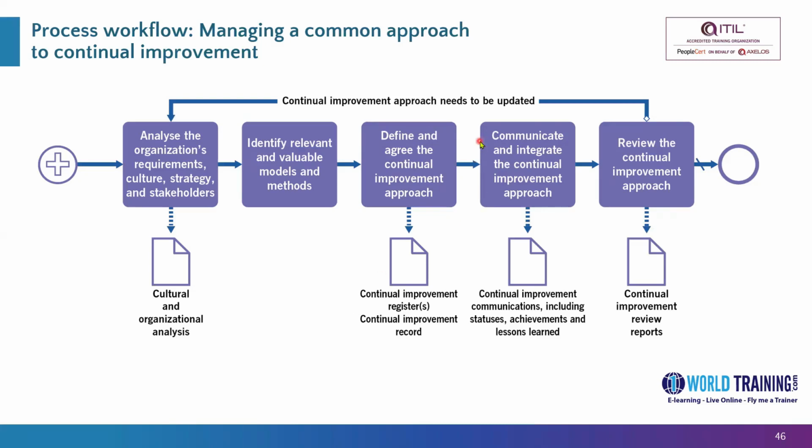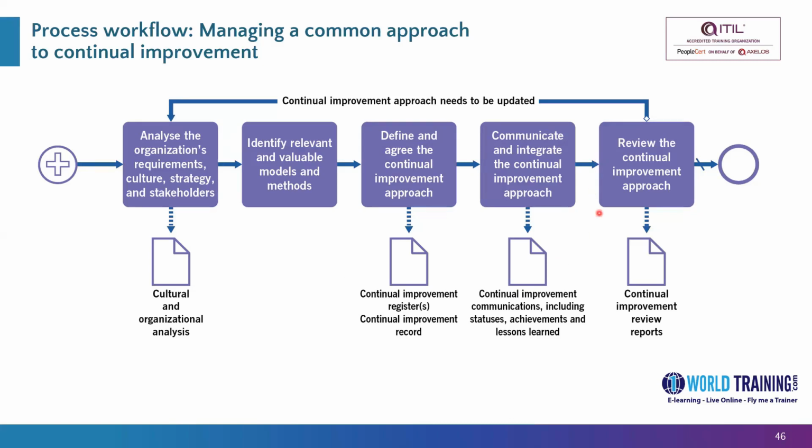And the next is to communicate and integrate this improvement approach into the organization, which means it will be communicated to all concerned employees and stakeholders, and also the status of this improvement approach and other achievements and lessons learned through various improvements that have happened so far, not just individual instances of improvements, because we have a separate process to deal with individual improvement initiatives.